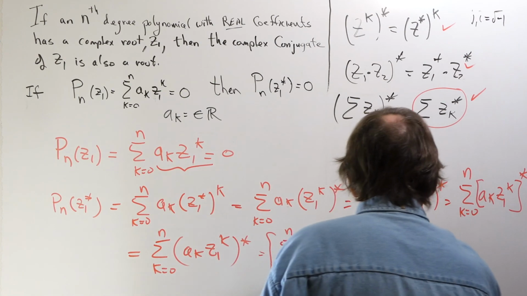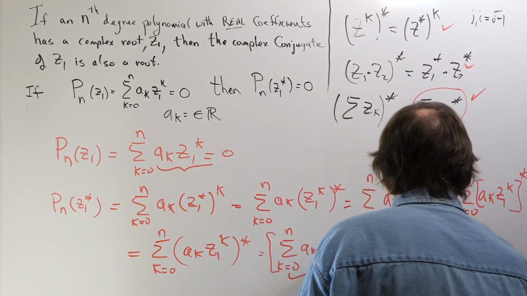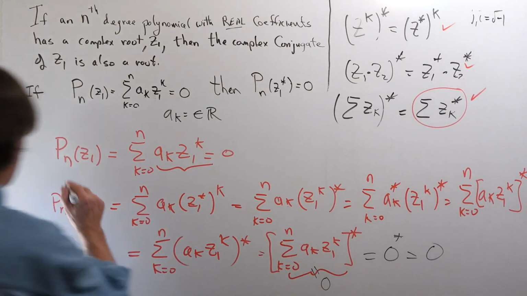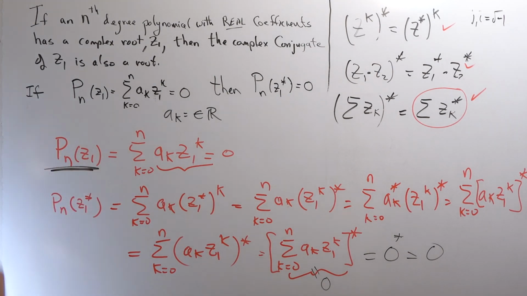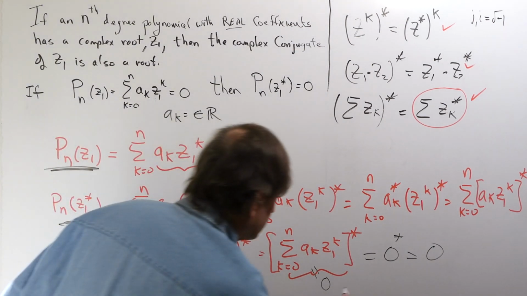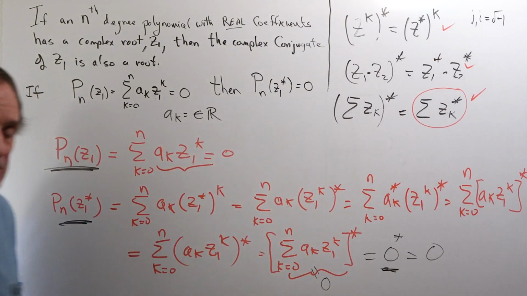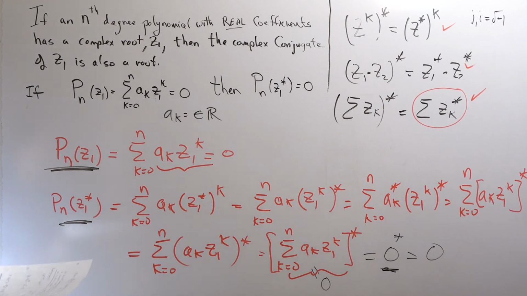So this is 0 conjugate, which is 0. So we've proven that if z1 solves the polynomial equation with real coefficients, its conjugate also satisfies the equation. So thus it is proven. If z1 is a root, z1 conjugate is also a root.